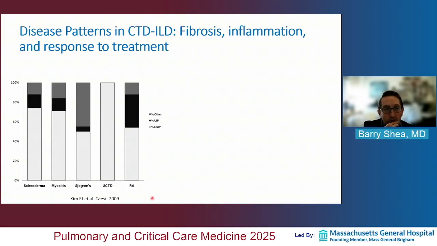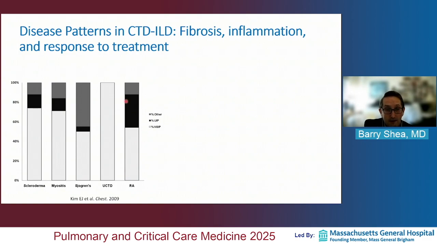One of the important things to keep in mind when we're thinking about treating CTD-ILD is that this is really a heterogeneous group of autoimmune diseases and heterogeneous pulmonary pathologies. As you can see here, there are different patterns of ILD that can be seen. The most common one certainly is the NSIP pattern, which is shown in light gray in these bars.